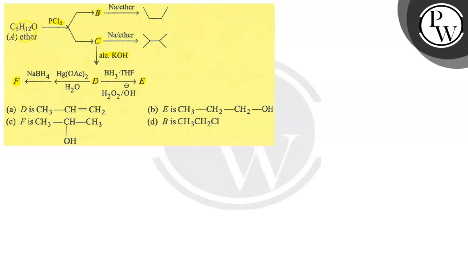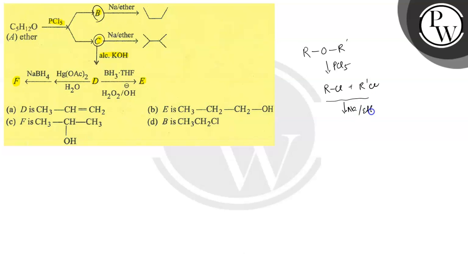Since the ether has the structure ROR dash, on reacting with PCl5 we'll get RCl plus R dash Cl, which are B and C. So two types of alkyl chlorides will form, and then these alkyl chlorides react with sodium in presence of ether.